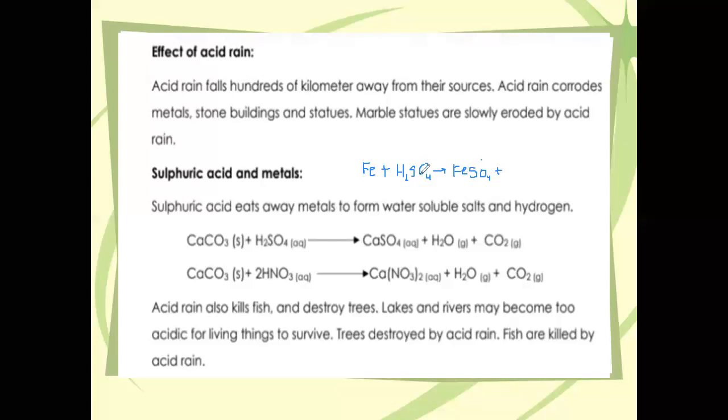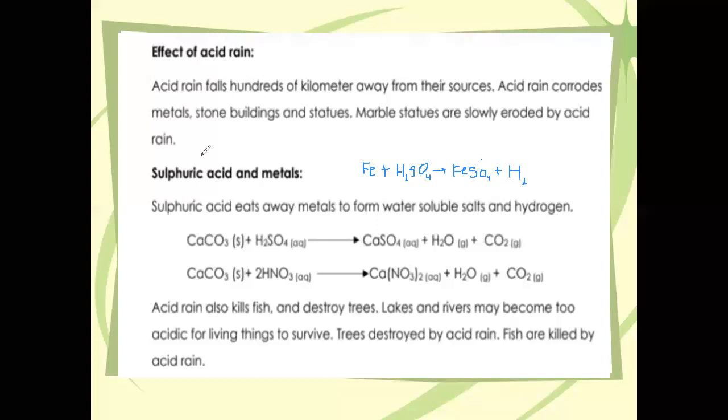Iron and sulfate, so hydrogen is left. And keep this in your mind that when metal reacts with acid, it always forms hydrogen gas. This is an important statement. Keep this in your mind. So we'll get hydrogen gas.